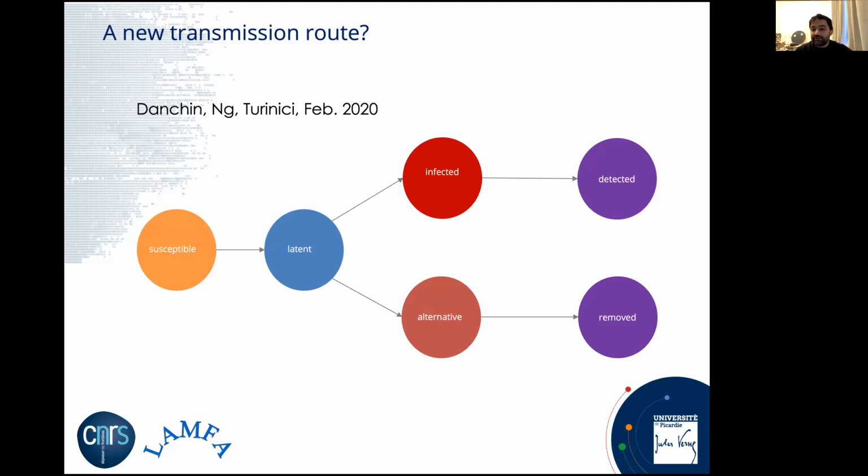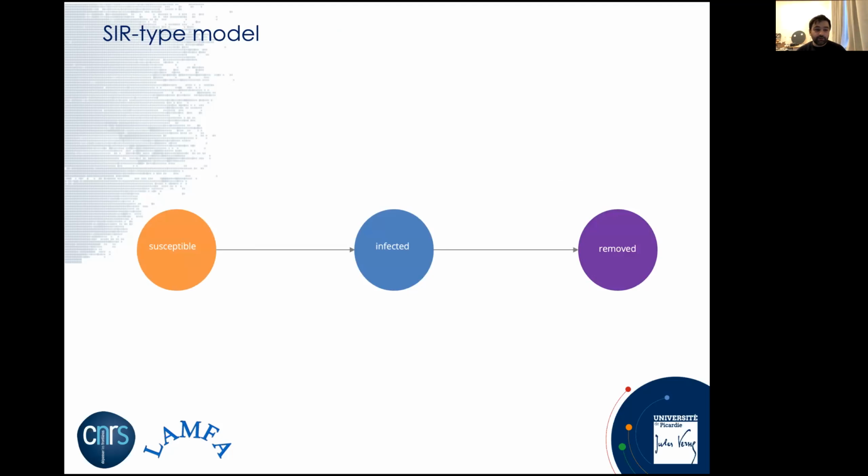The first idea of most of the scientists who work on COVID-19 was to use directly the Kermack-McKendrick model. So just split the population in 3 groups, 3 compartments: susceptible, infected, and removed. If you look at the very first papers in modeling, they use this model.